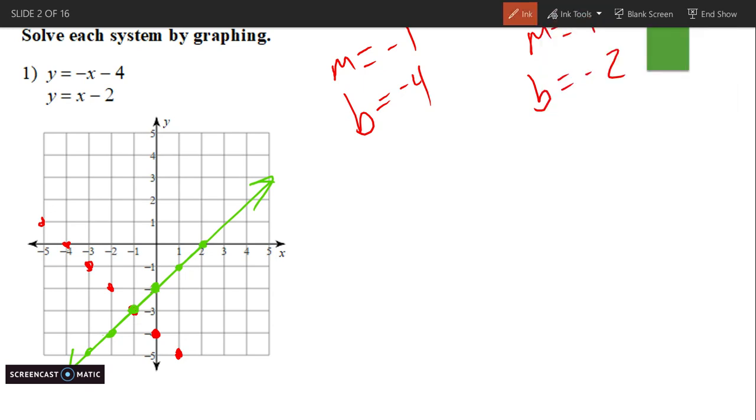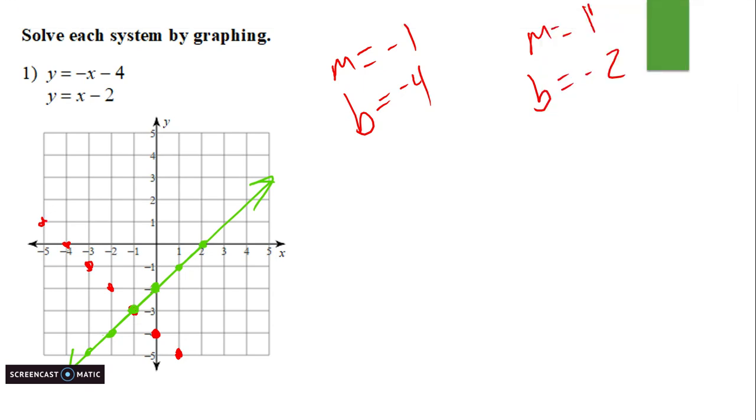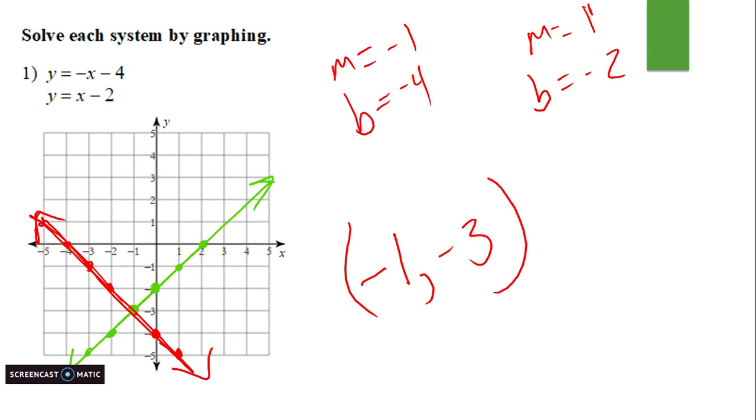Go ahead and connect the dots. And then your solution is wherever they intersect. So this one intersects at -1, comma, -3.